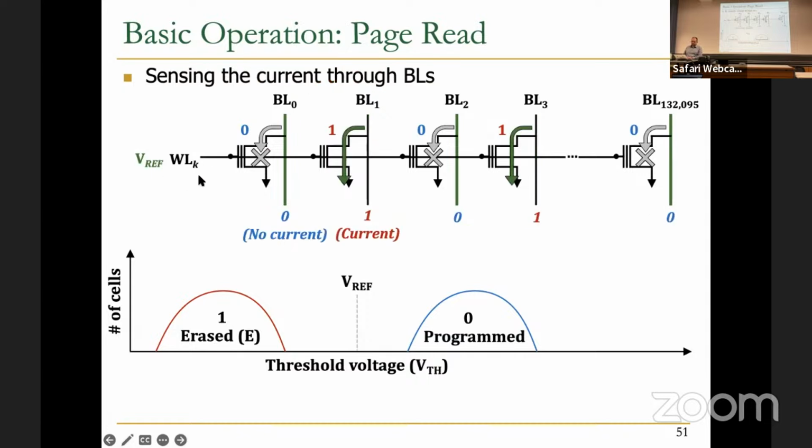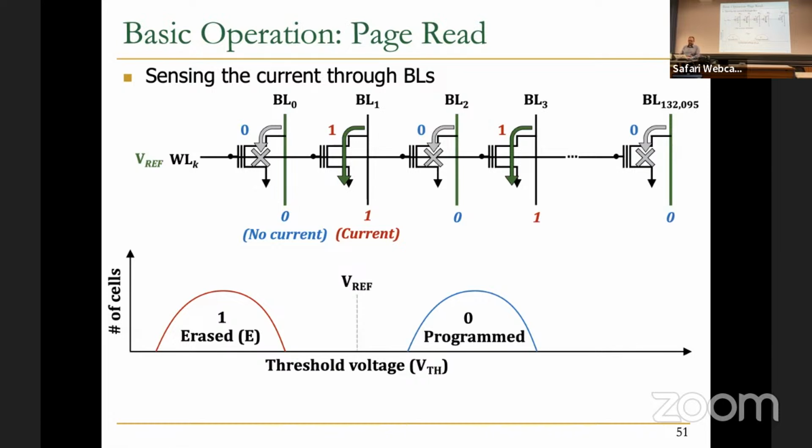And then you apply VREF. If the reference voltage does not turn on your transistor or your flash cell, meaning that you have programmed it, the current doesn't flow, right? And you can encode it as 0. But if the bit line current flows well, you encode it as 1. The way that we understand whether the bit line current flows or not is from a sensing circuitry that we're going to learn about.